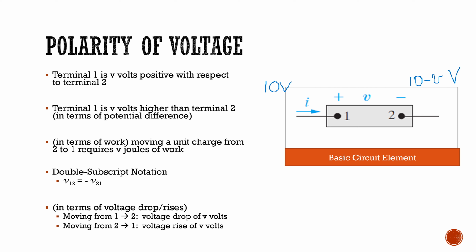If we're starting with 10 volts on the terminal 2 side, we're going through a voltage rise from terminal 2 to terminal 1. So on the terminal 1 side, we would have 10 plus V volts.